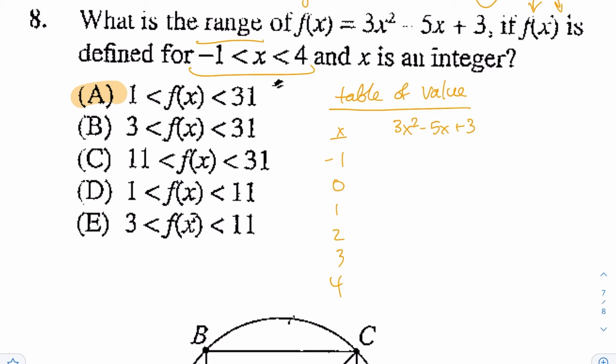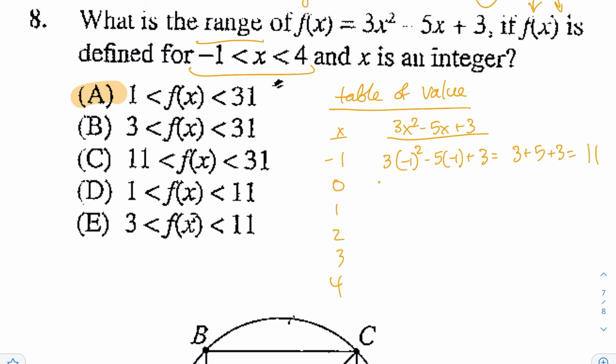So if you start substituting in, everywhere you see x, replace it with -1. And again, due to order of operations, -1 squared is 1. So this would be 3 plus 5, because -5 times -1 is positive 5, plus 3, that will give you 11.